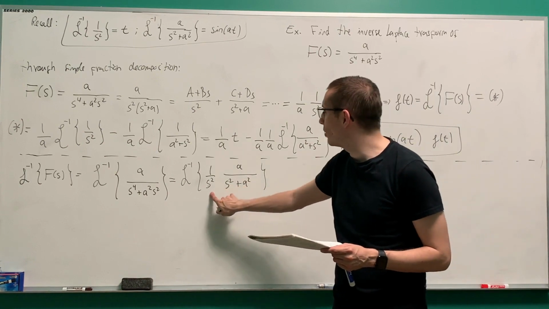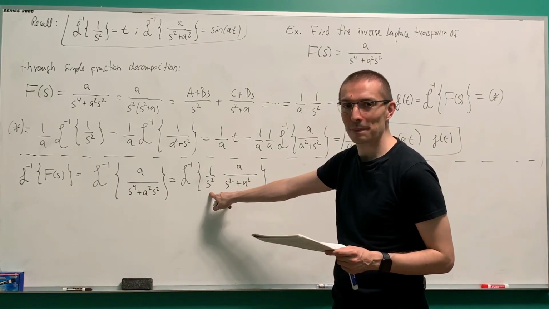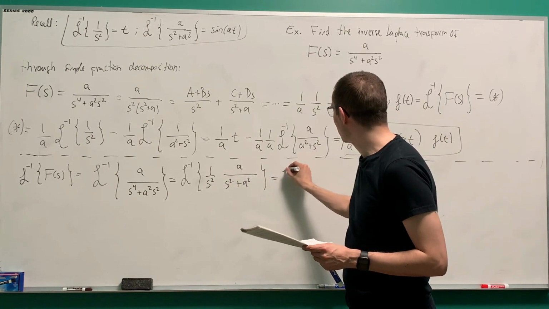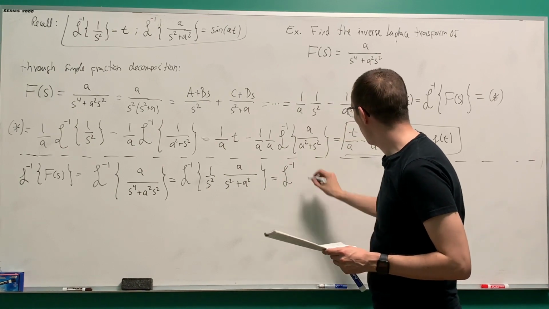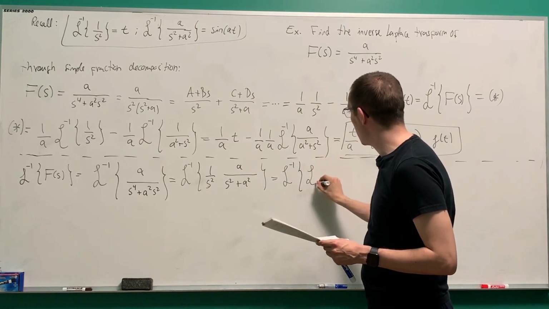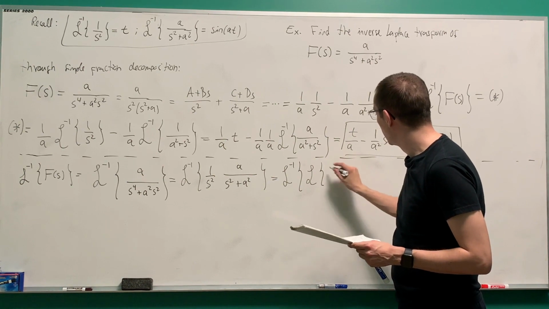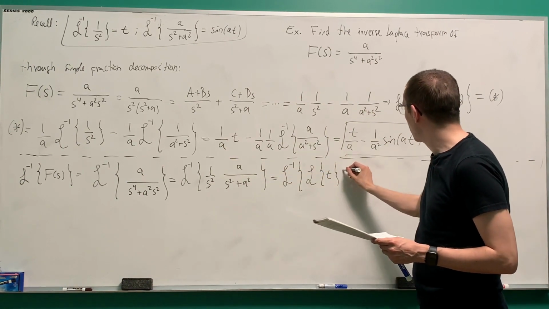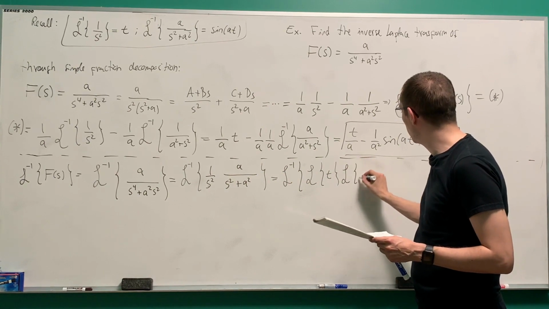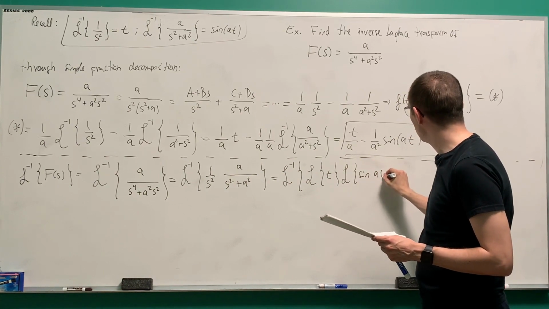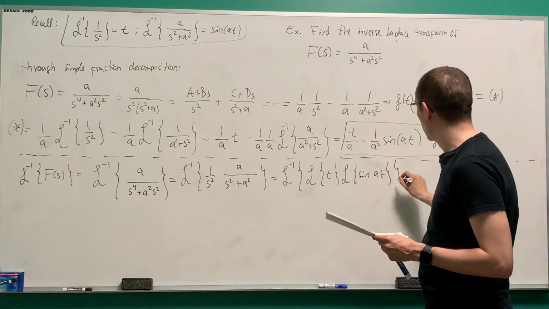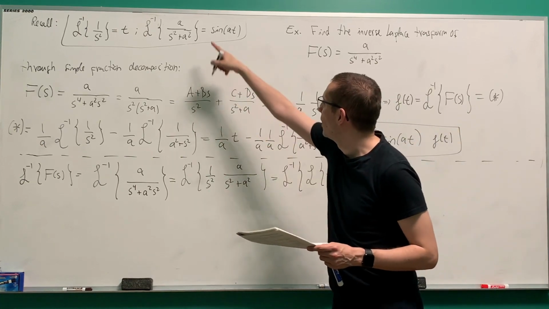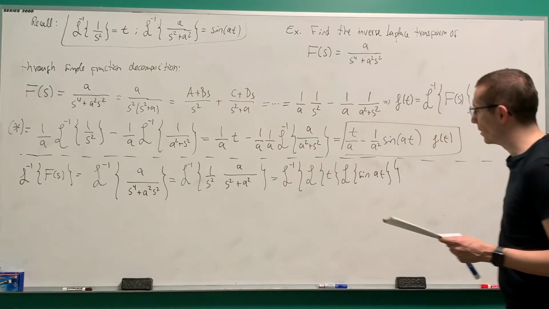So it's the product of two Laplace transforms, right? So this thing is the inverse Laplace of the Laplace of t, which is 1 over s squared, times the Laplace of sine of at, which is a over s squared plus a squared.